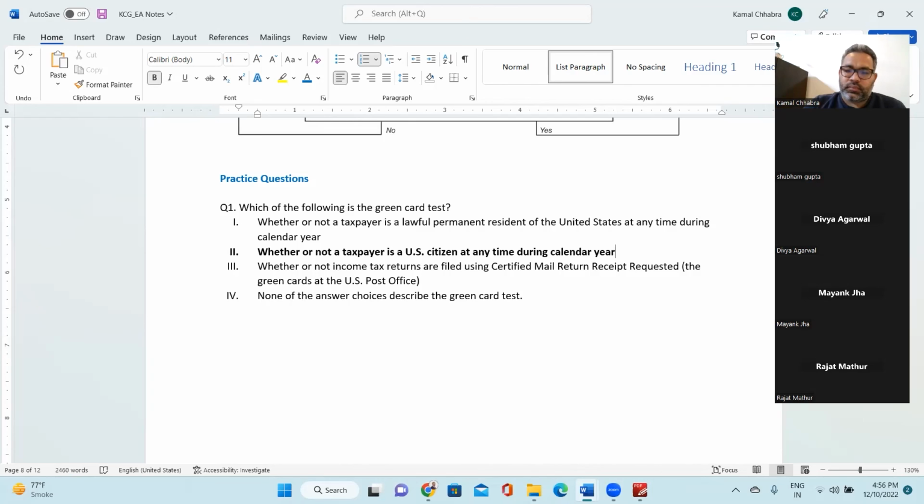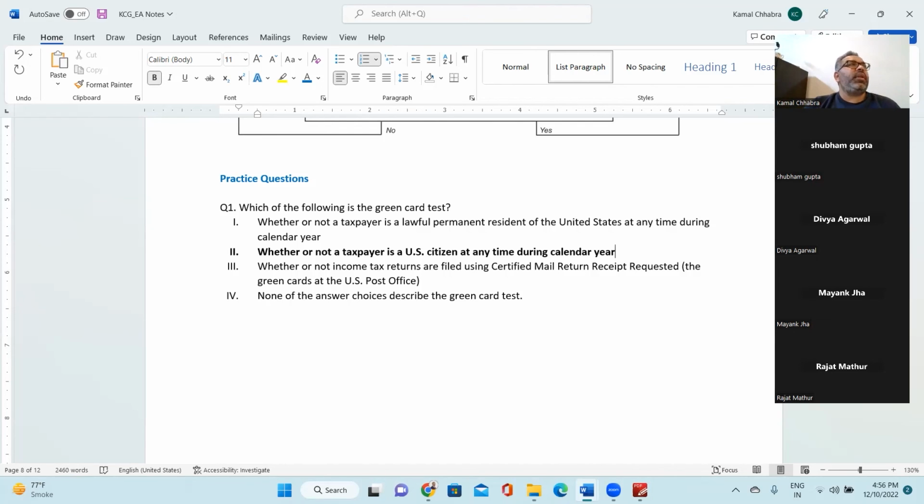Okay, so there are two or three conditions that were mentioned above. One is that the resident should be a green card holder. Then there was a condition for 183 days. So if an individual meets those criteria, I think is that the answer for this question?